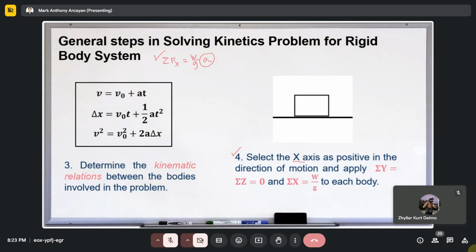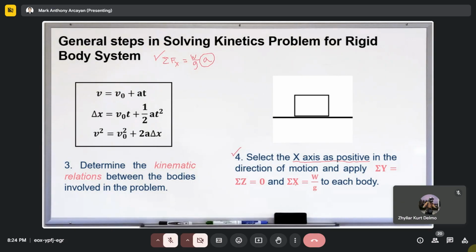If the direction of motion is only limited to one direction, you can just assign that direction as x, and the remaining forces that are oriented on the y-axis or the z-axis, you will just equate to zero, because there are no accelerations on this axis. It only has an acceleration in a single direction, and that is x, based on your assigned axis.